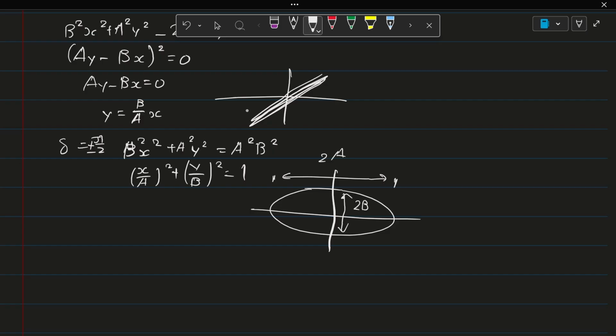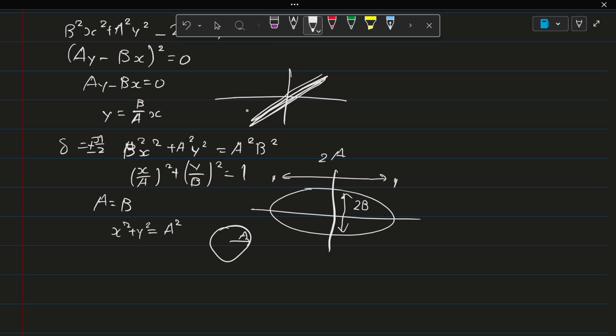So if you later do the experiment with two springs, or anything else that has the same type of force, you would be able to see a much more elliptical cycle. And obviously, if we set a equal to b, you get x squared plus y squared equals a squared, so this would be a circle with radius a.